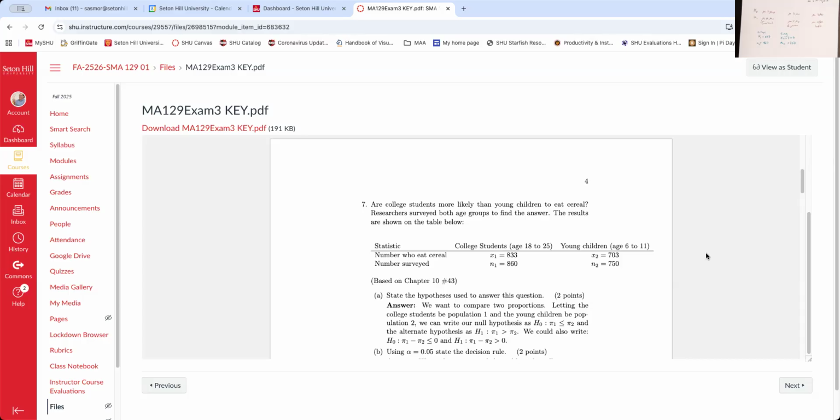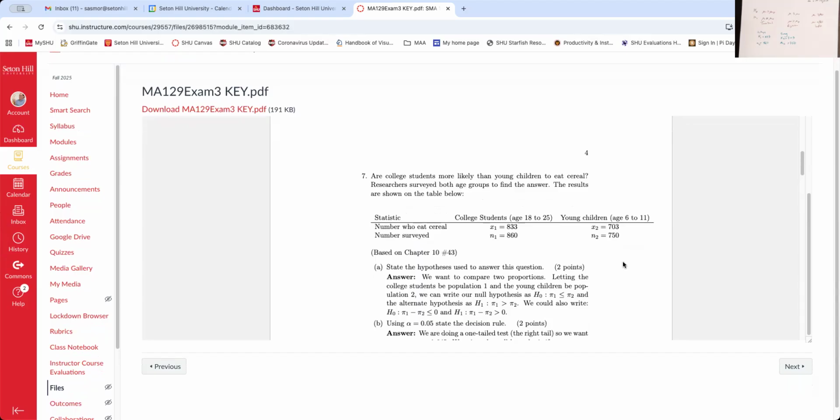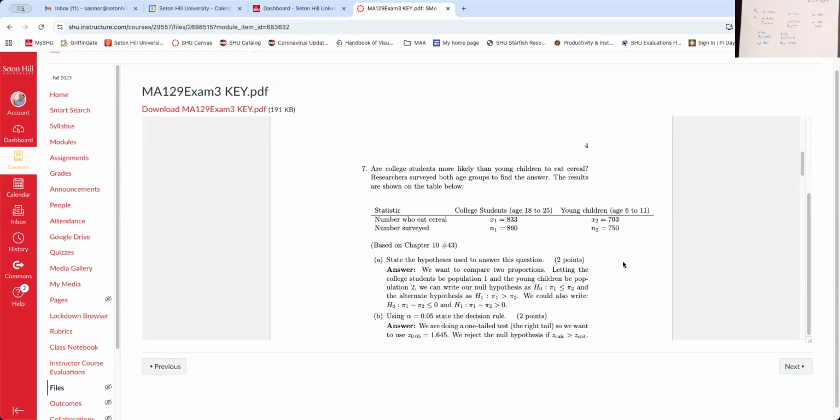It's 1.96. So I'm going to say my decision rule is I am going to reject the null hypothesis if my calculated value is bigger than 1.96. Oh, and now I realize that 1.96 is the two-tail version. What happened when I had the tables in front of me? Where's my table? Nothing. I ate my table.